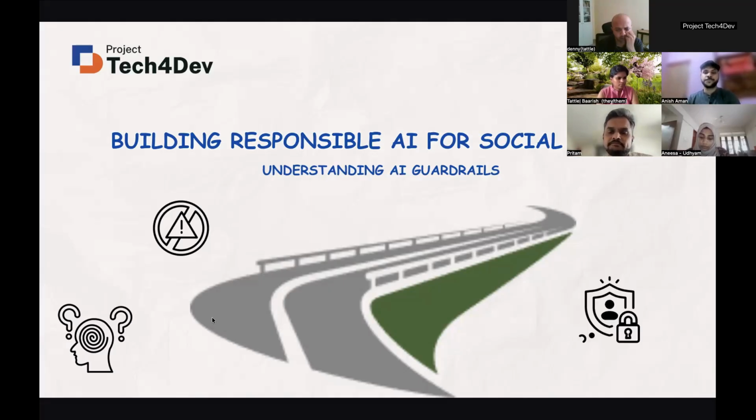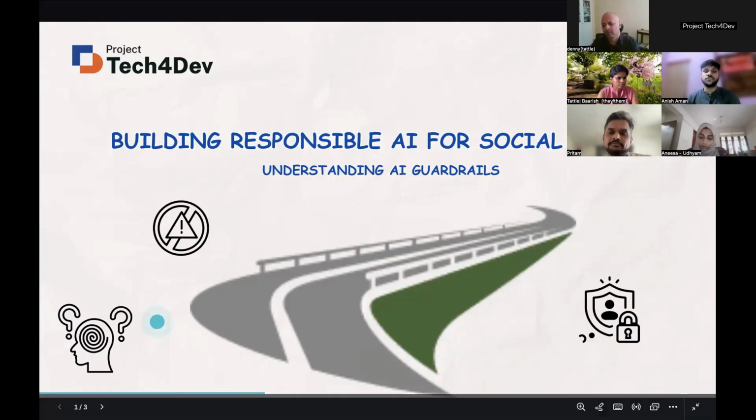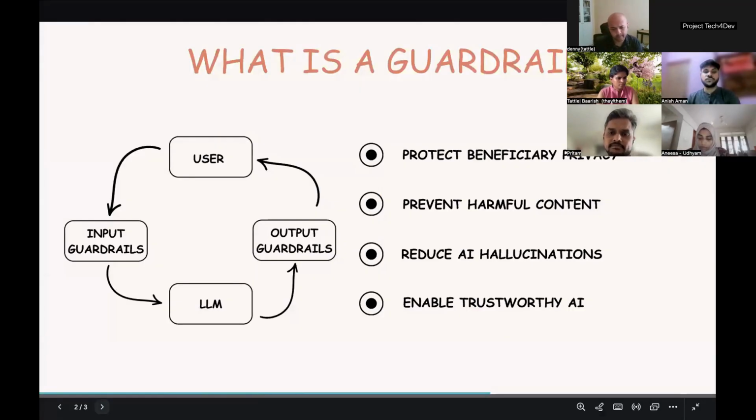Before we get into today's session, I thought I'll give a quick definition of what guardrails actually are, in case people are wondering. When a user interacts with an AI assistant, the question first passes through a layer before reaching the LLM, which is the part of AI that understands the question and then generates a response to the user.